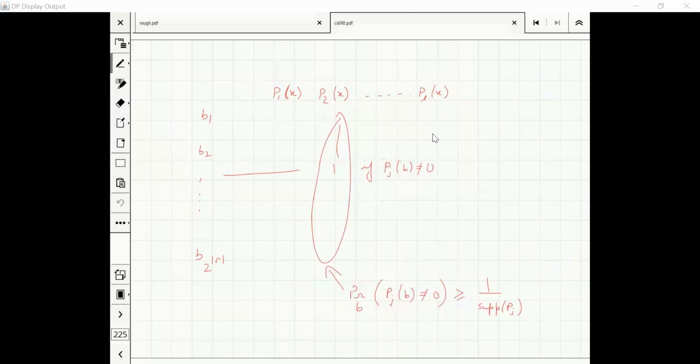So if I take the number of ones in the column and divide by 2 to the power gamma, this is the probability that PjB is not equal to 0. Correct? I'm just writing it in terms of probability.